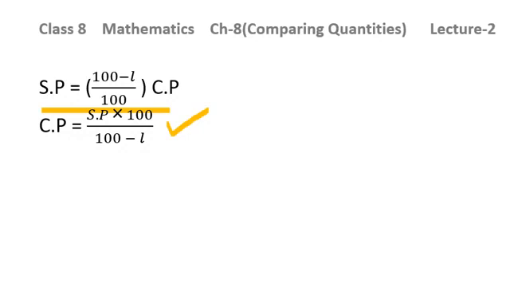If I need the formula in terms of SP, we have seen it in the previous slide. So children, it is not mandatory that you use this formula. If you know the way to calculate any one unknown quantity, then you can use your way, or if you are unable to do it in an easy manner, then you can use these formulas.